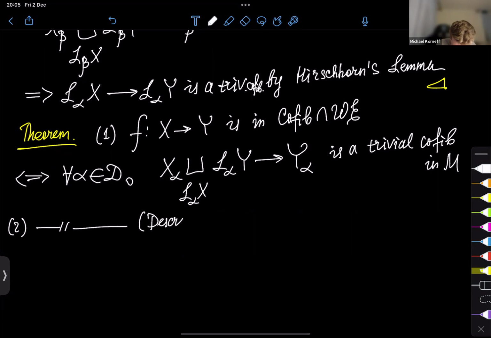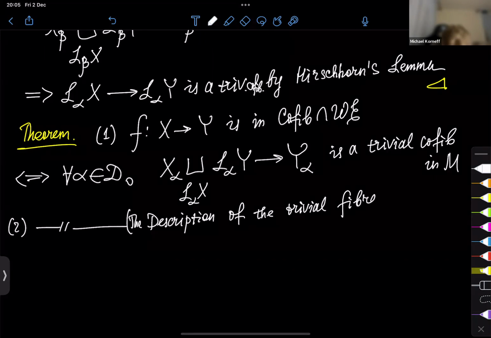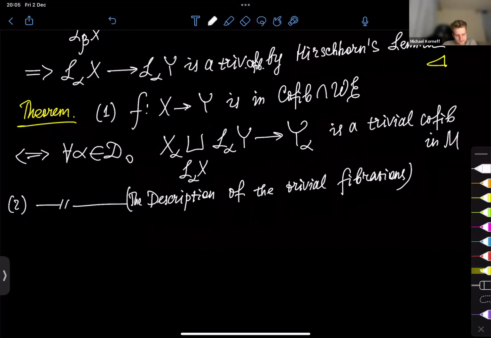This is a description of the trivial fibrations. And from this theorem and from the lemmas and propositions above, we can derive the Kan theorem. Oh, we have a comment. Okay.